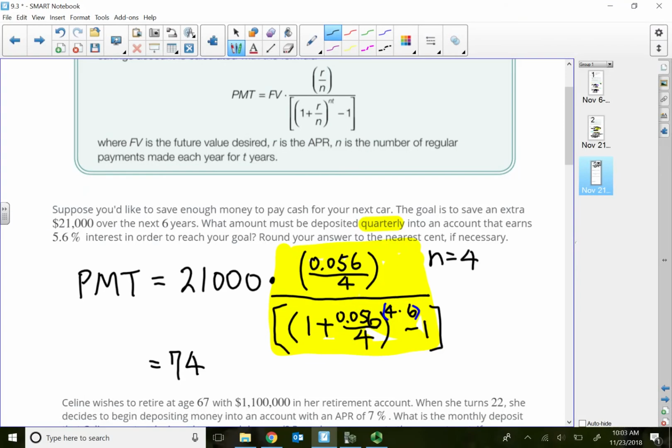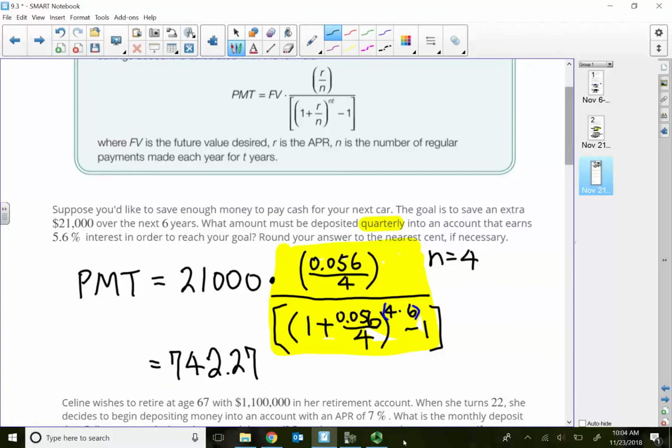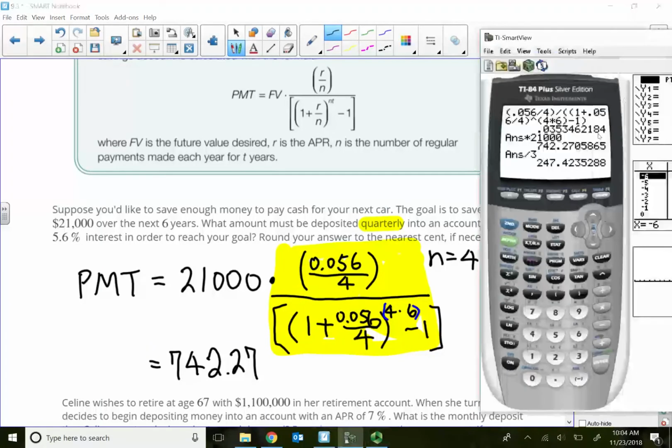Just imagine, a quarterly payment means every 3 months of the year. So if you divide it by three, that tells you the monthly payment is about $247. You don't have to know that. I'm just doing a comparison.